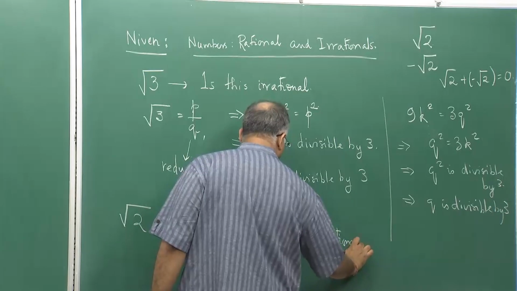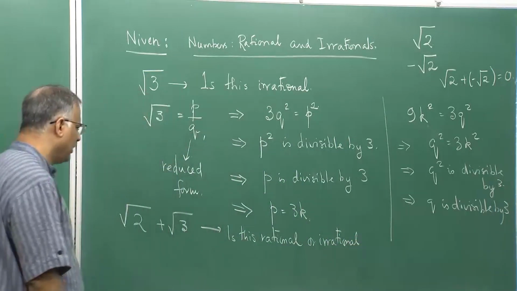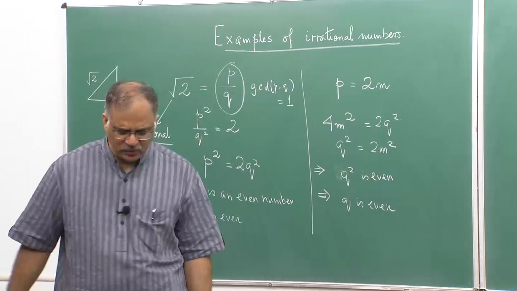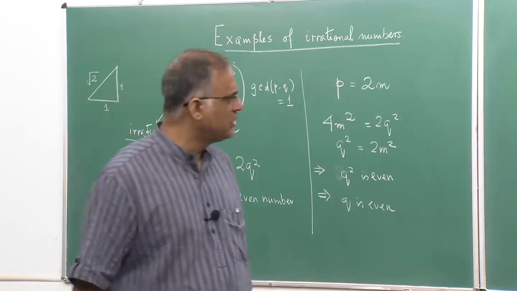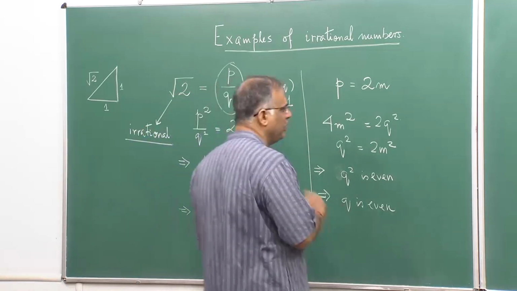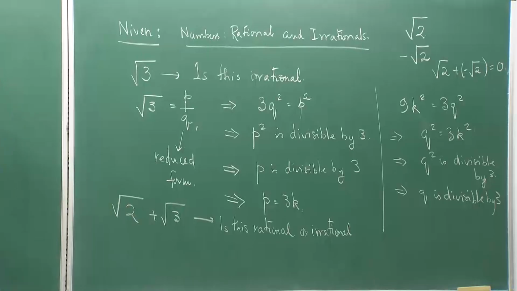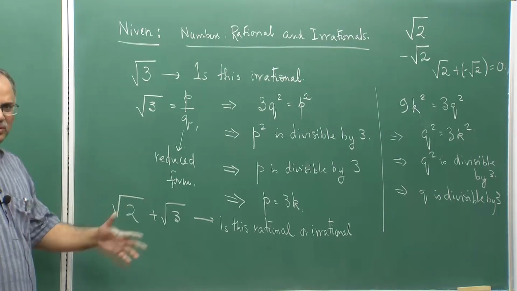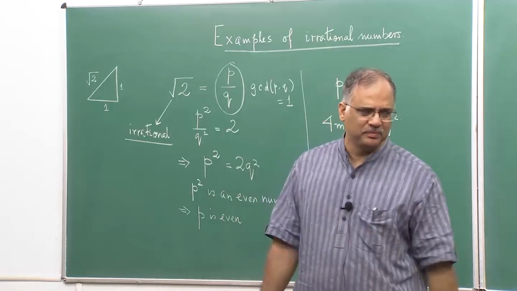So, shall we go here? The policy of checking rationality or irrationality in this form is not always helpful. That is, you cannot say again put root 3 as p by q and do it, it will mess up.